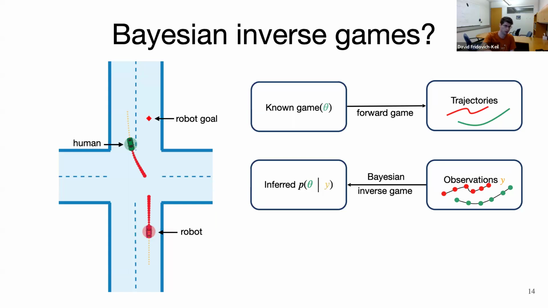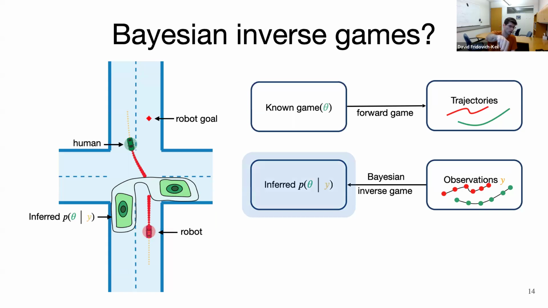So the way to write that down is, I would like to have a posterior p(theta | y). In this case, let's say I see this human driver start to turn to the left. I would like to somehow be able to figure out that the most likely goals for the human are that they're basically either trying to end up somewhere in the lane on the right-hand side or somewhere in the lane in the center on the bottom.